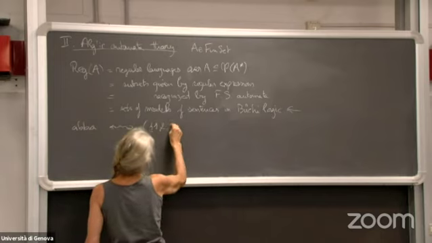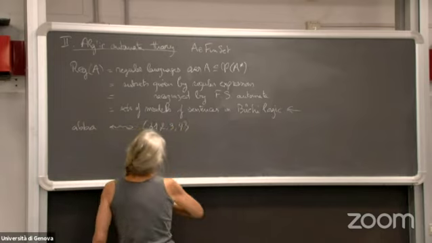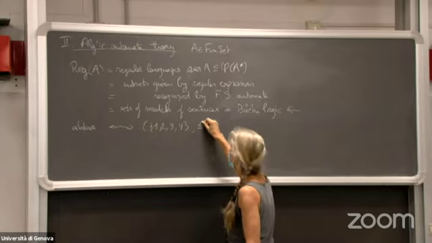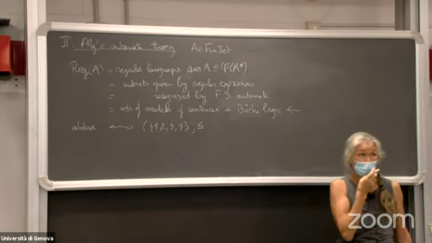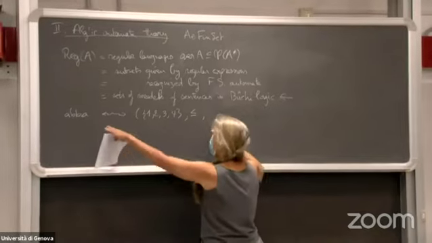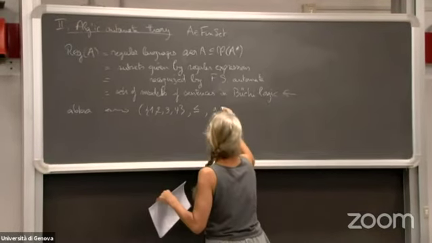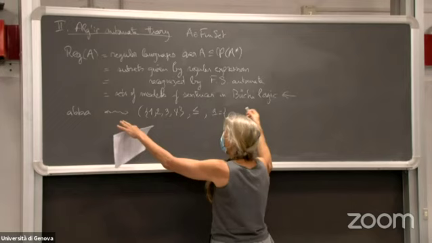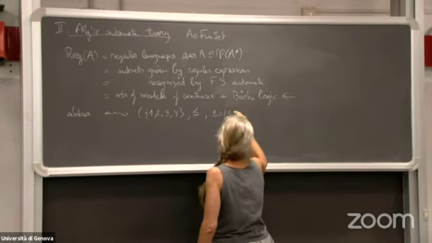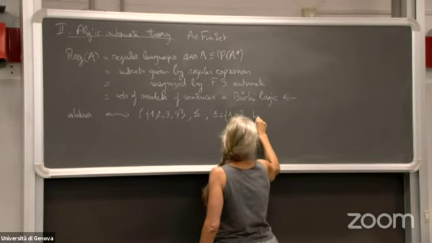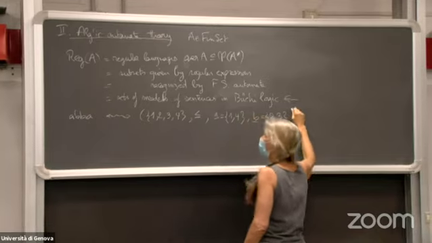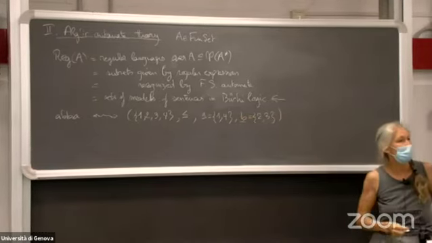It's 1, 2, 3, 4, and we look at it as having an order, namely the usual order of natural numbers. And it has a unary predicate for each letter, which is just the places where that letter occurs. So for A it's 1 and 4, and for B it's 2 and 3. Okay, and now you understand everything about that, right?